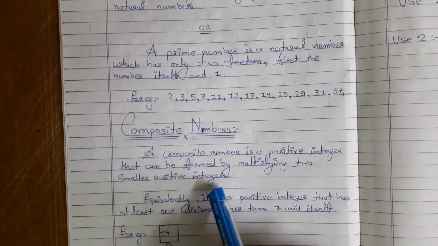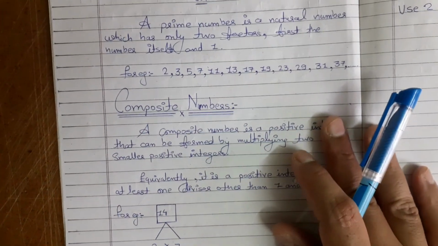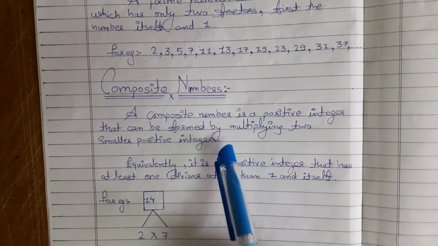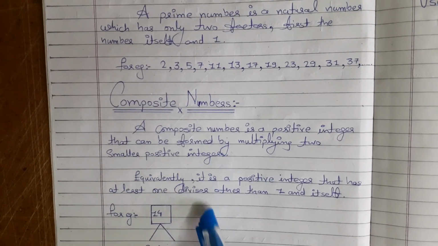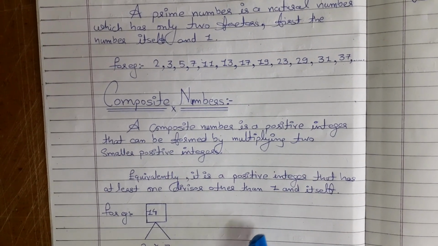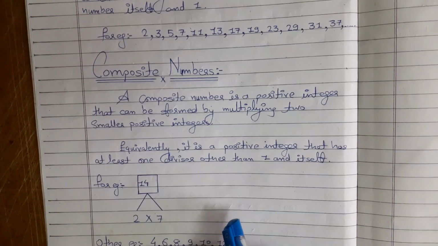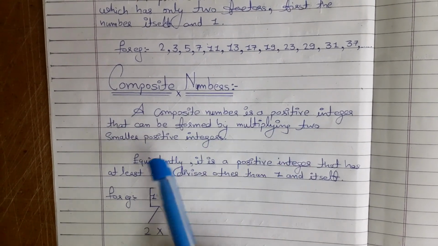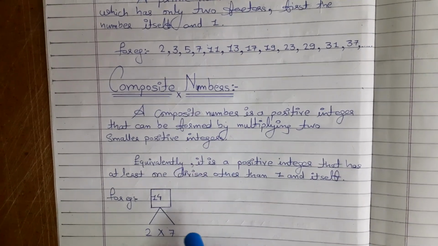But for composite numbers, the property is just the opposite of prime numbers. Two factors are possible, the number itself and 1, but a third factor is also possible. A composite number is a positive integer that can be formed by multiplying two smaller positive integers.